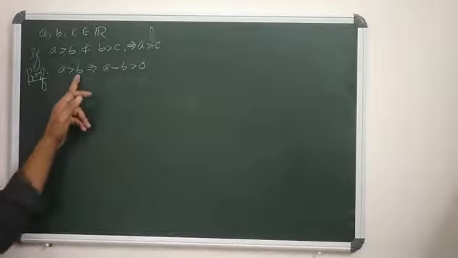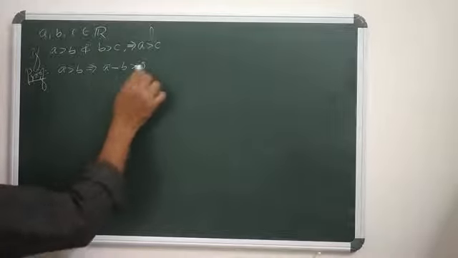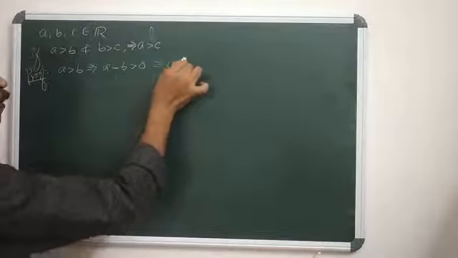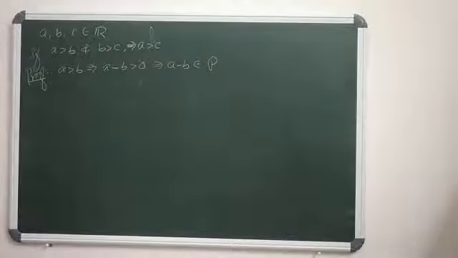So when A is greater than B, surely A minus B is positive. A minus B is positive means A minus B should belong to P, because P is constructed as the set of all positive real numbers. So A minus B is in P.